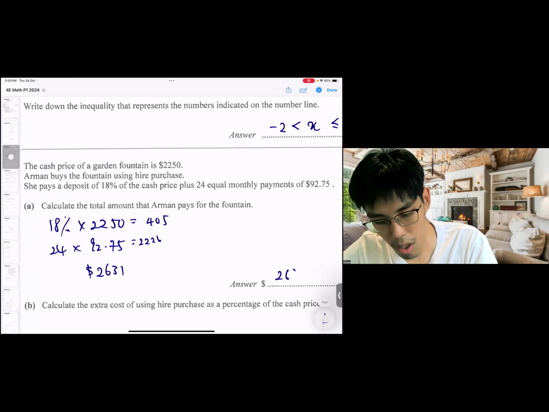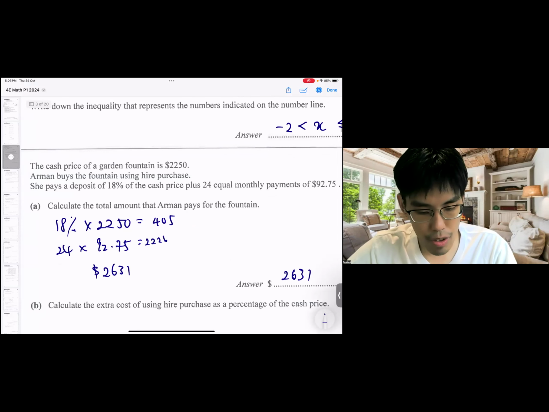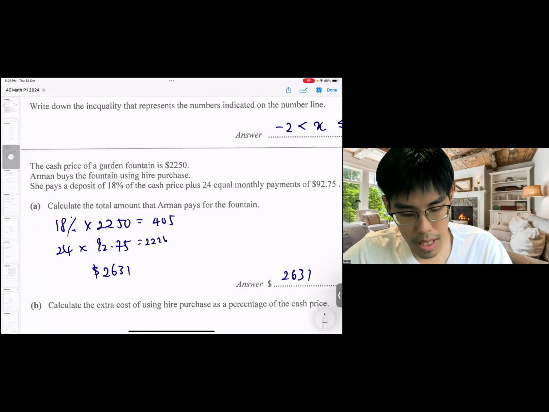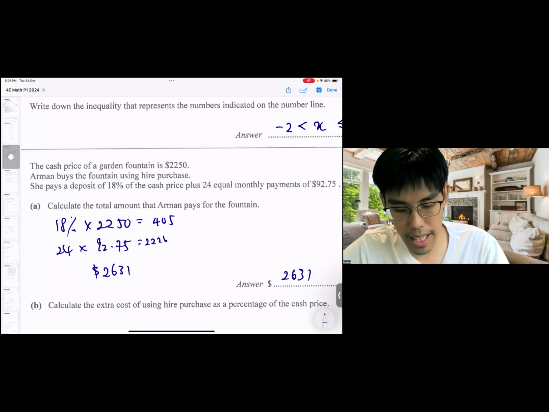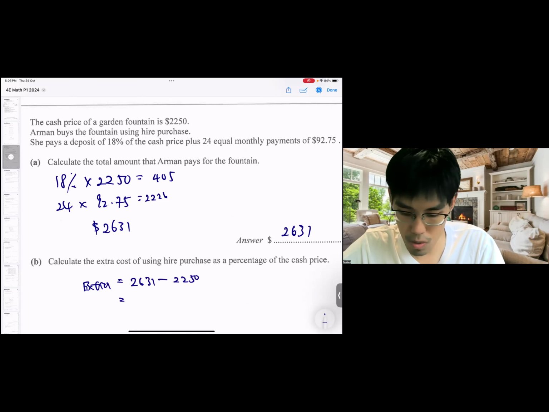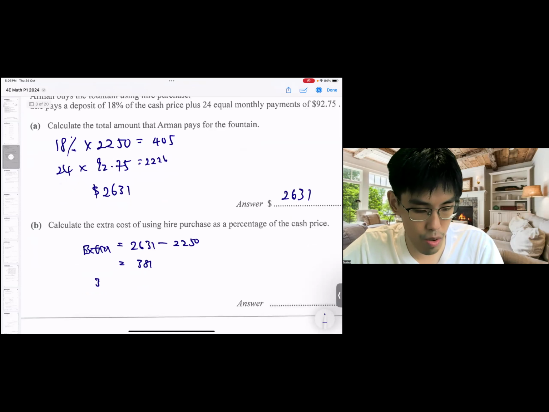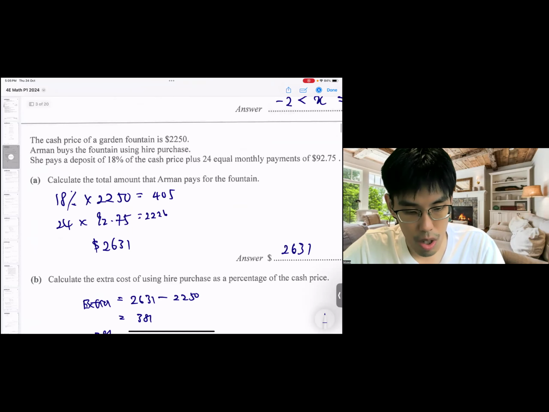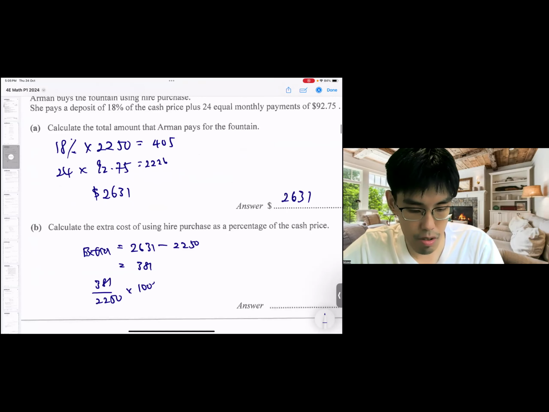Find the extra cost of using hire purchase as a percentage of the cash price. So the extra will be 2631 minus 2250, which is 381, as a percentage of the cash price. So 381 over 2250 times 100%.